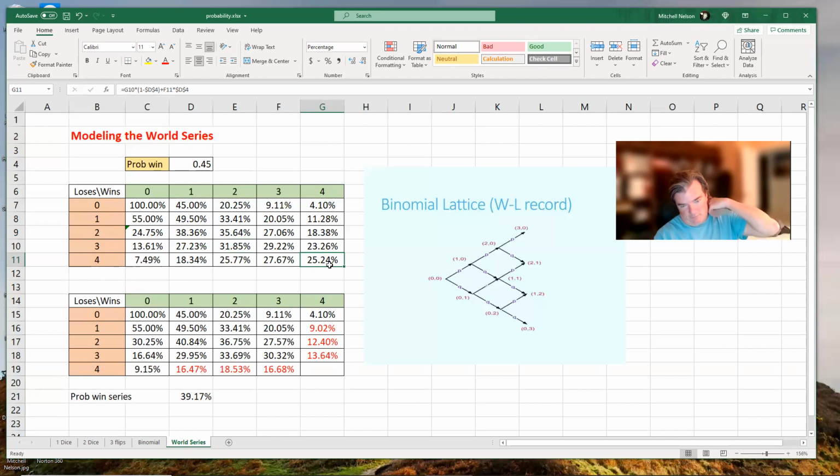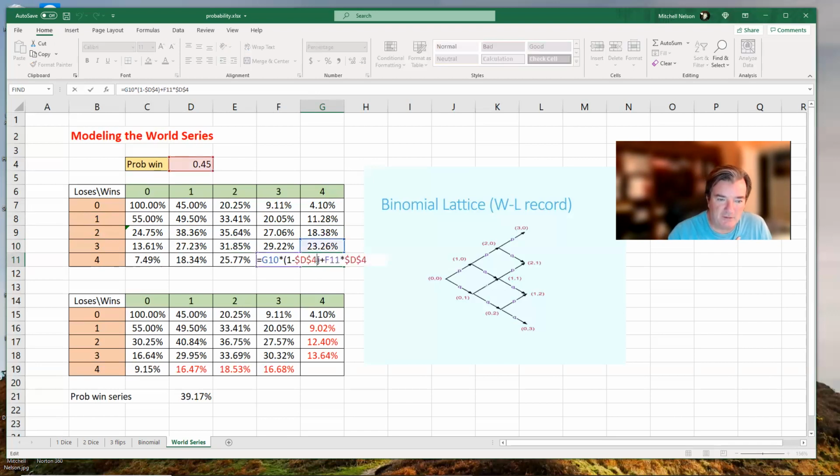Now, here's the thing, when you're an application data scientist, there's something a little bit wrong with this box. And this is where you have to know your application. You have to know how the World Series works to know that some of these numbers are not calculated right. This box right here represents the series getting to a score of 4-4.